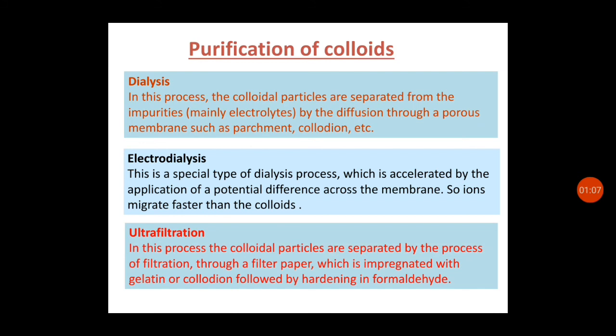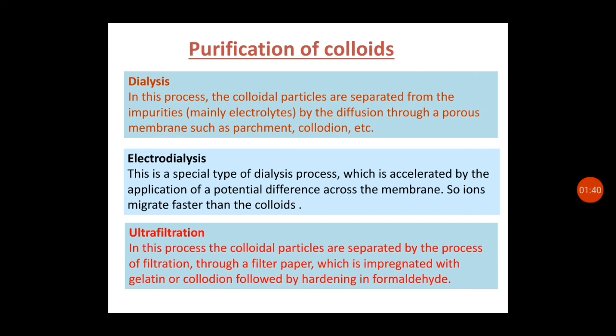Then ultrafiltration, similar to the filtration process, just the difference is that these filters are ultra filters, means pore size is very small, which allows only the passage of electrolyte but not the colloidal particle. In this process, the colloidal particles are separated by the process of filtration through a filter paper which is impregnated with the gelatin or collodion, followed by hardening in formaldehyde.